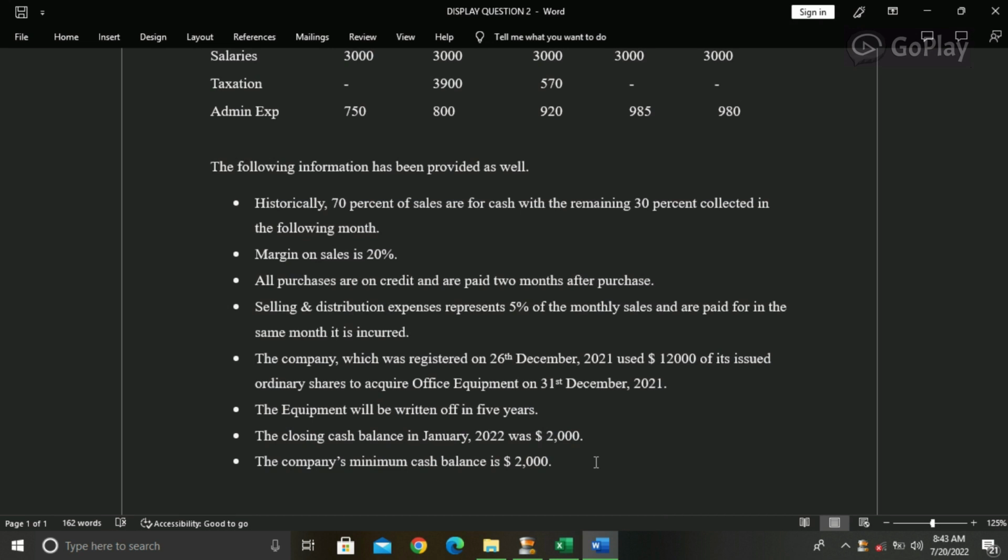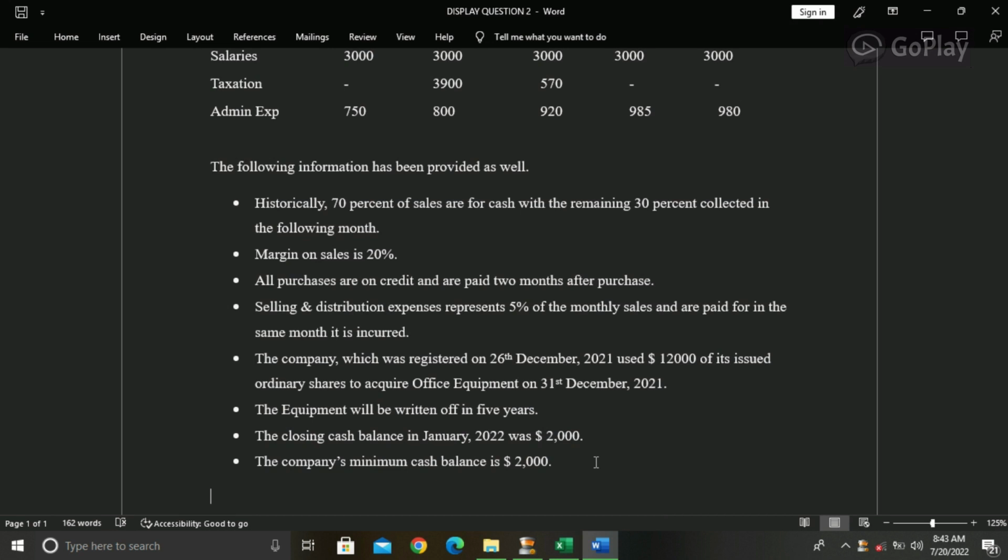So this particular bullet is testing our understanding of cash budget, because the transaction took place in December, not between January and May. So we are preparing the cash budget from January to May. So this transaction on 31st December will not come into our cash budget.